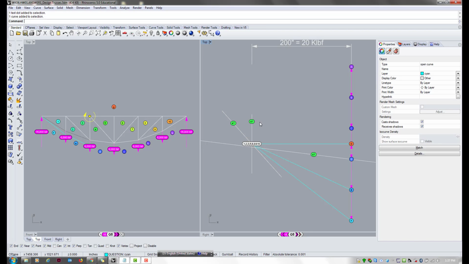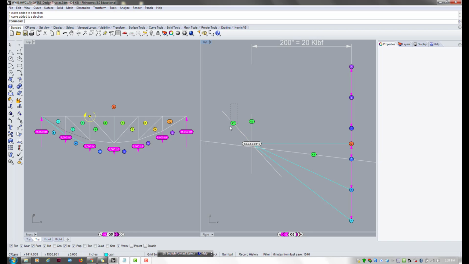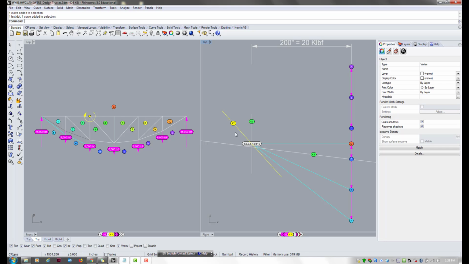Even though we don't know the angle of this diagonal line, between these two pieces of information we can conclude that point 4 is on the intersection between these two lines.